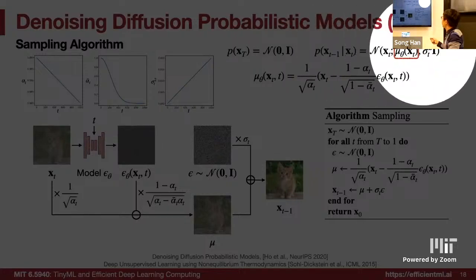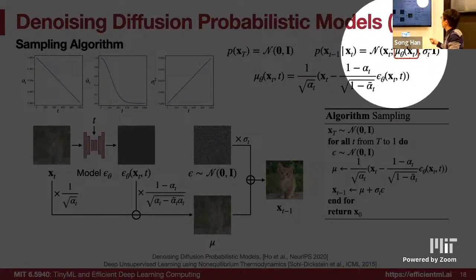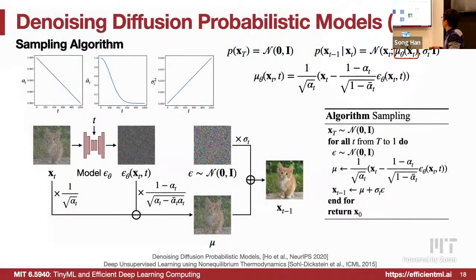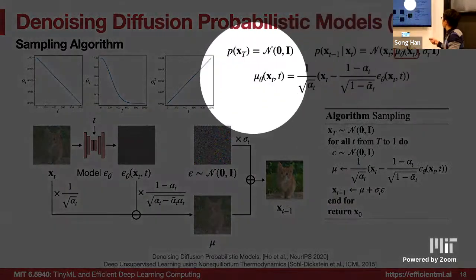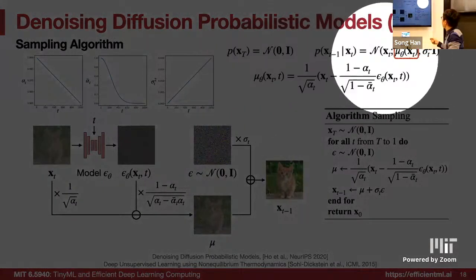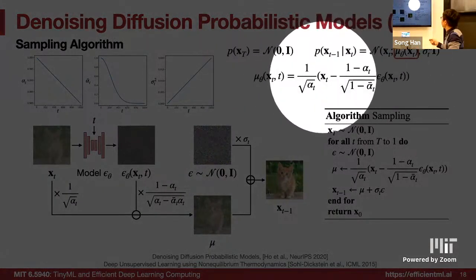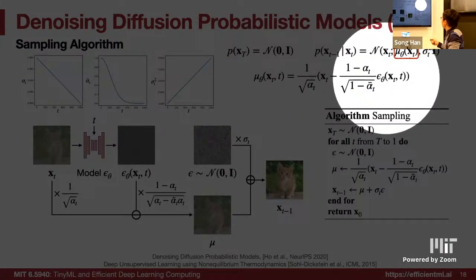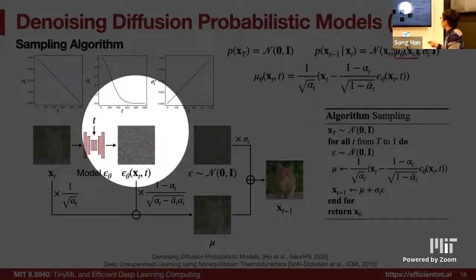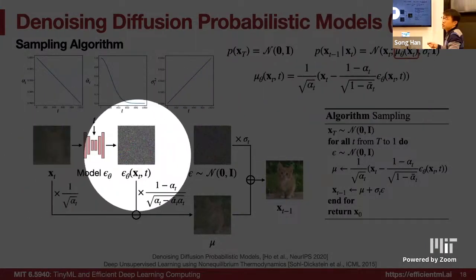So this is the mean, this is the variance. The mean, we are trying to predict by using this equation. So mu theta is a combination of xt and epsilon theta of xt.